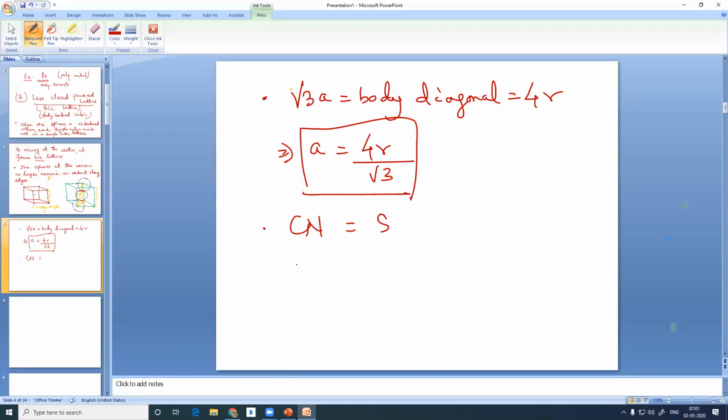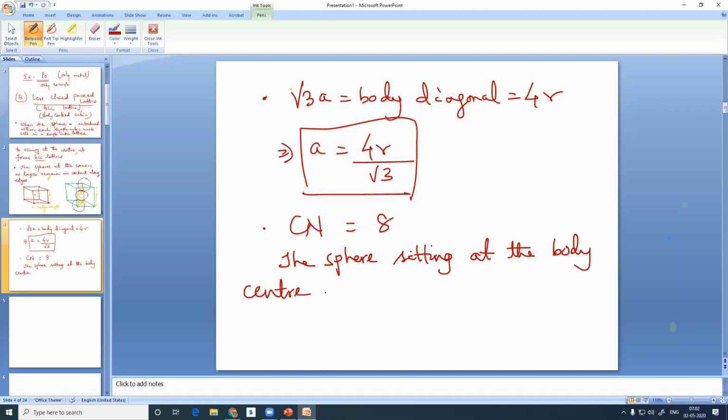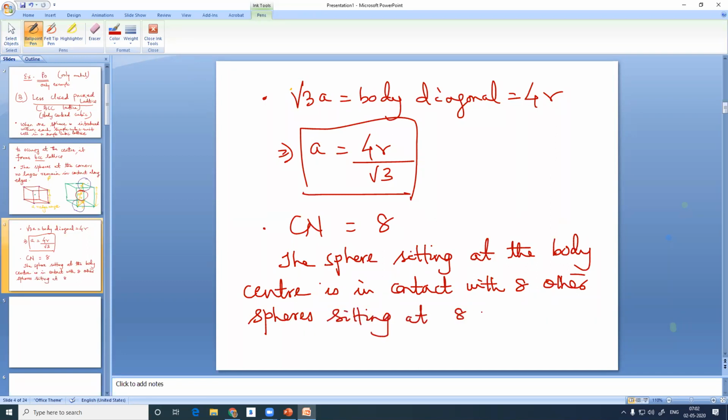Write down: the sphere sitting at the body center is in contact with 8 other spheres sitting at 8 corners. So hence the coordination number is 8.